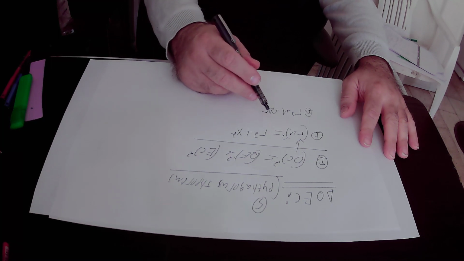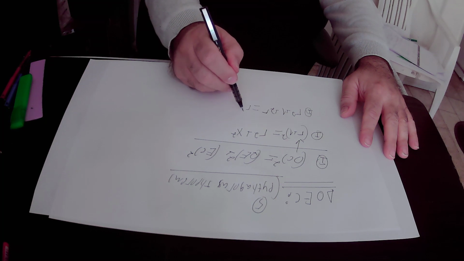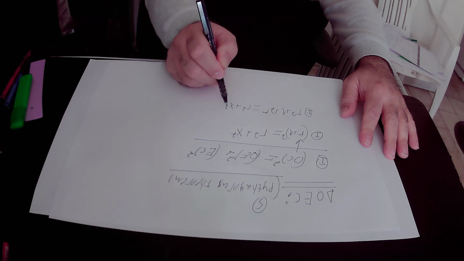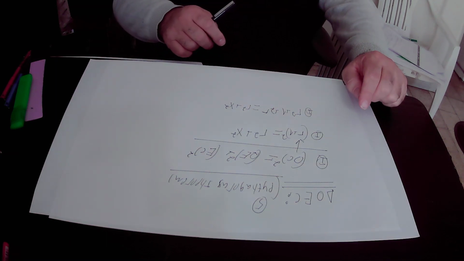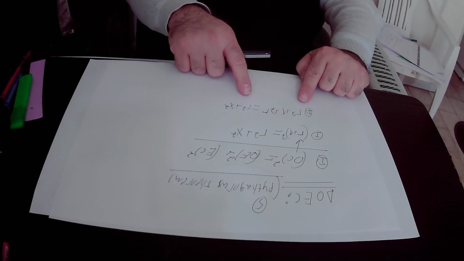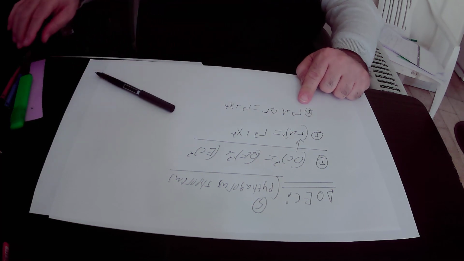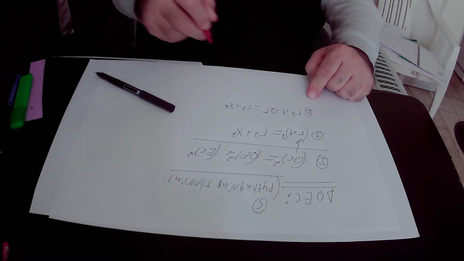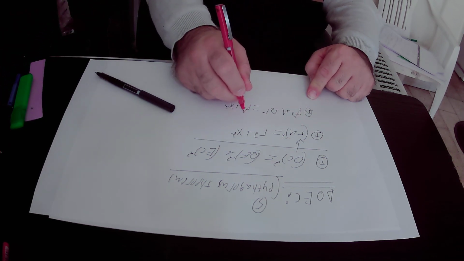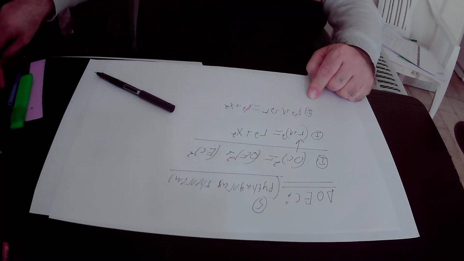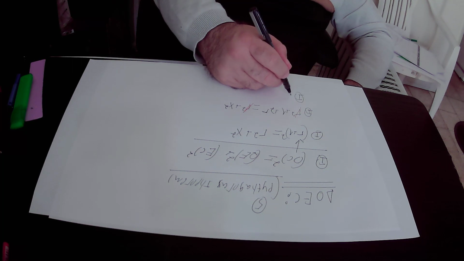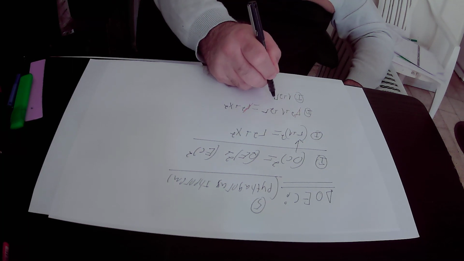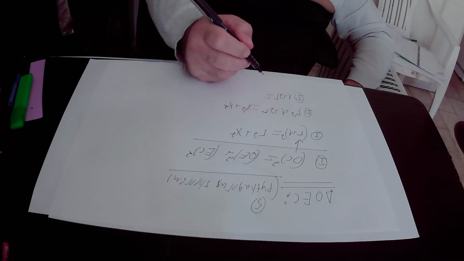So R plus 1 squared equals R squared plus x squared. Here we have R squared on both sides of equation number 1, so we subtract R squared, so R squared will get cancelled, and what is left is 1 plus 2R equals x squared.